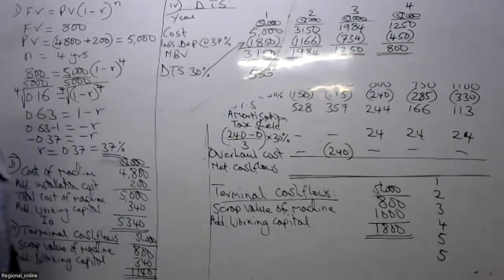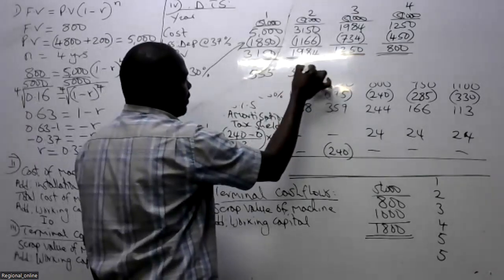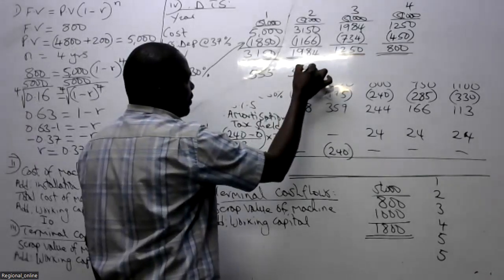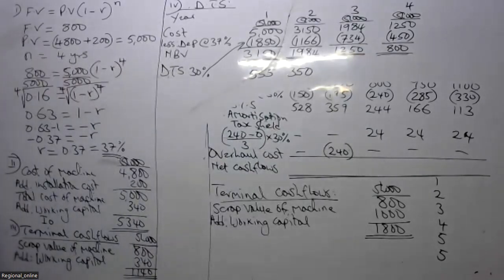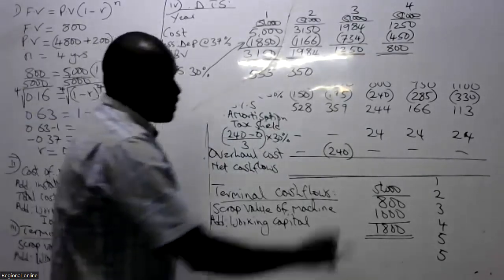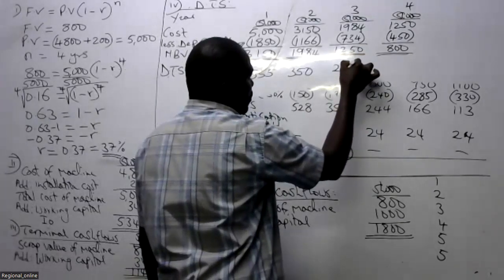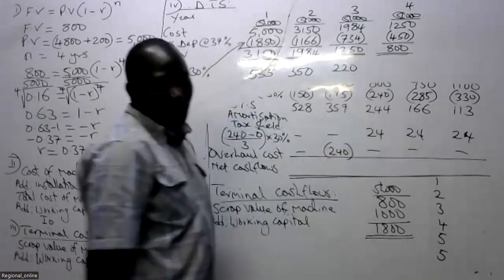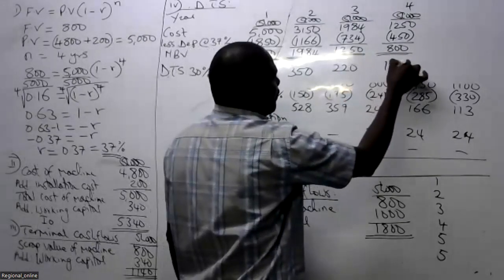So 555. 30% of 1166, 350. 30% of 734, 220. Finally, 30% of 450, 135.